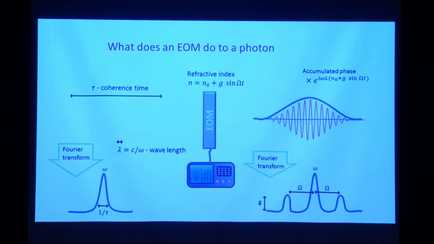Now when I Fourier transform, I find these small peaks, which I can control the size of by controlling this parameter here. So now I marked the photon. This is a single photon, right? I'm talking now about a single photon sent to this machine and now having this spectrum. So literally I put some color on that photon.